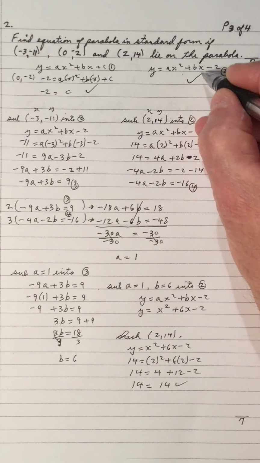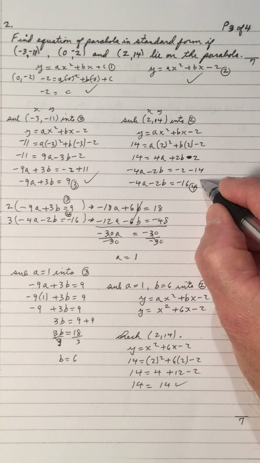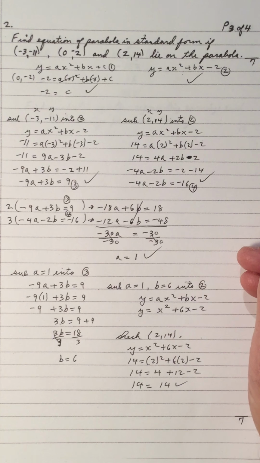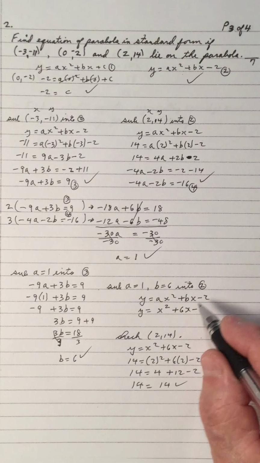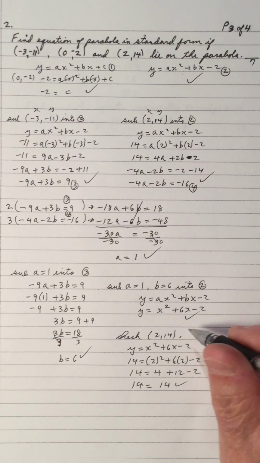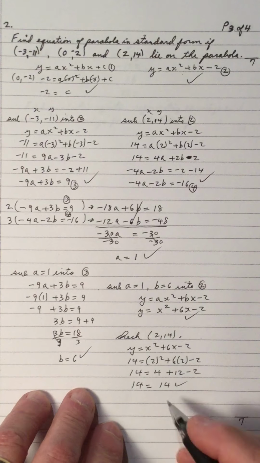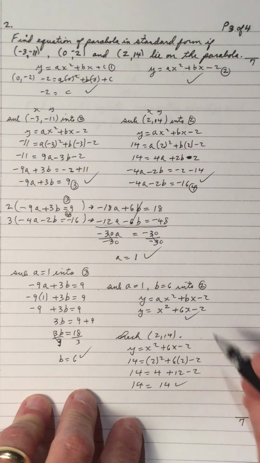If you subbed it into this equation, give yourself a mark. If you have this equation, there's another mark. If you got a is that, you have another mark. If you got the 6, there's another mark. If you got the equation, there's another mark. 7 marks in total, and put 7 at the bottom if you have this equation. Y equals x squared plus 6x minus 2.